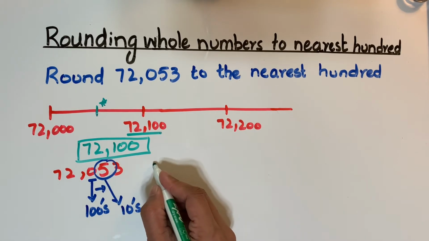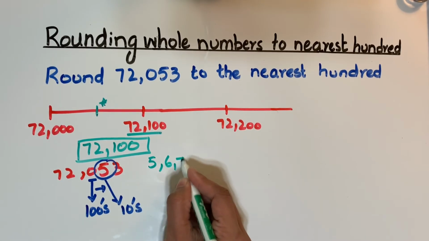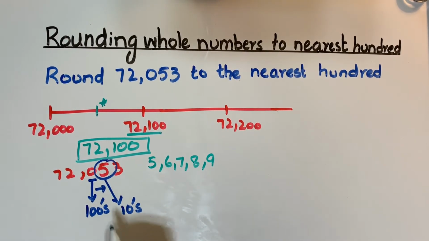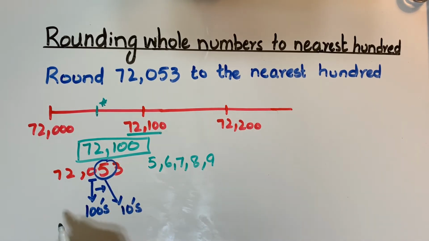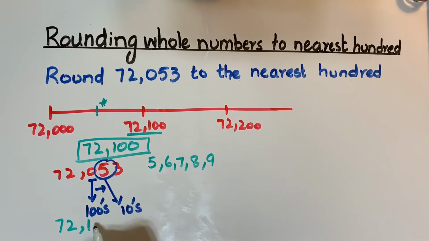This means that if this digit is 5, 6, 7, 8, or 9, we have to round up the digit in the hundreds place. According to this rule, we increment this 0 by 1, because we have 5 in the tens place, and the remaining digits will be 0 because we get rid of the rest of the digits.